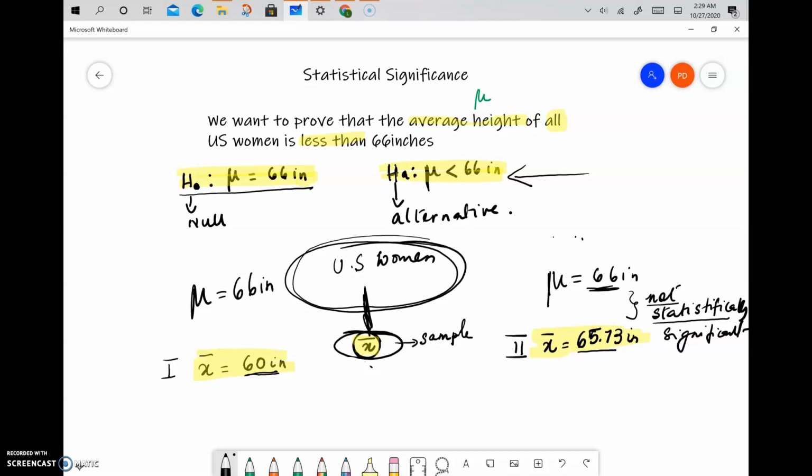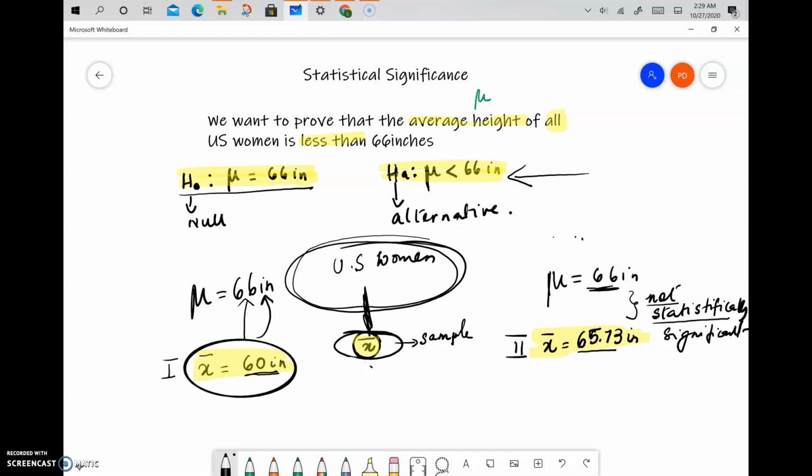Now that is way, way less than what is believed to be true, which is 66. If it is true that mu is equal to 66, what is the chance that the sample that we pick will have an average of 60 inches, the average of 5 feet tall? What is the chance of that happening? The chance of that happening is so small that we can say this probably didn't happen by chance. So then we go back and question this statement.